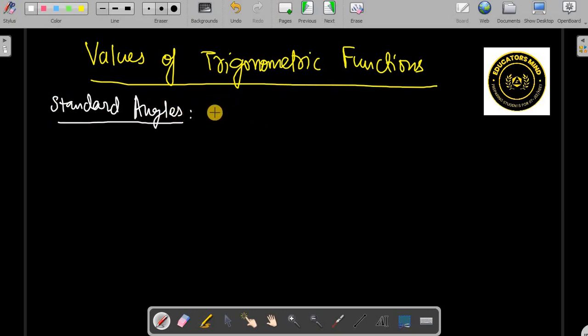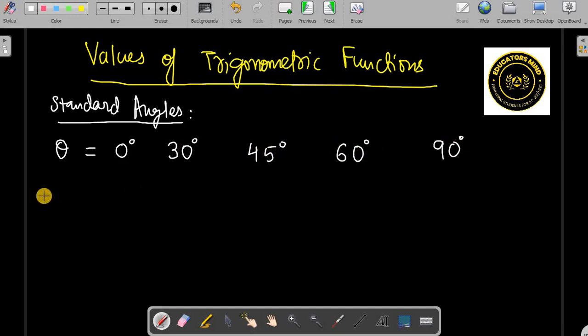You can take the angle theta as 0 degree, then 30 degree, then 45 degree, then 60 degree and 90 degree. For these we should know what is sin theta, what is cos theta, and what is tan theta. Okay, so let us write the values of this.